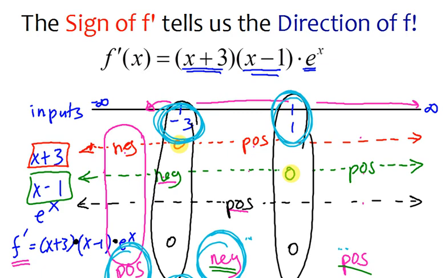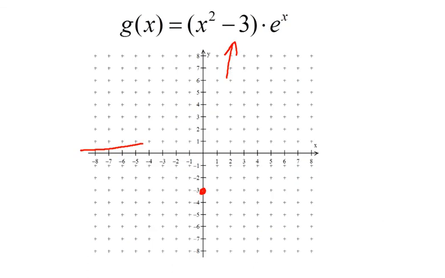Okay, and let's put all this information back onto our graph, where we have just some rough details about the end behavior and the y-intercept. And so now let's go and make a note about the critical numbers, -3 and 1. And we said that this should be a local max. So the graph was having a positive slope and then a negative slope. And we expect to see a max here where x is -3.